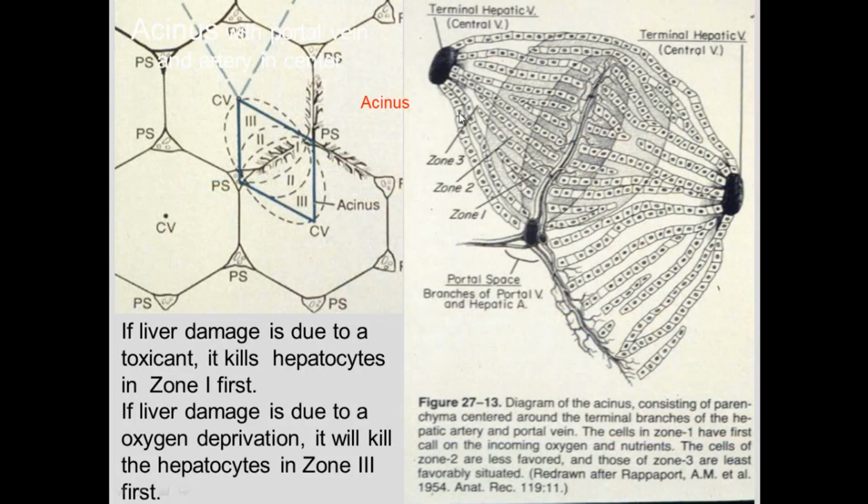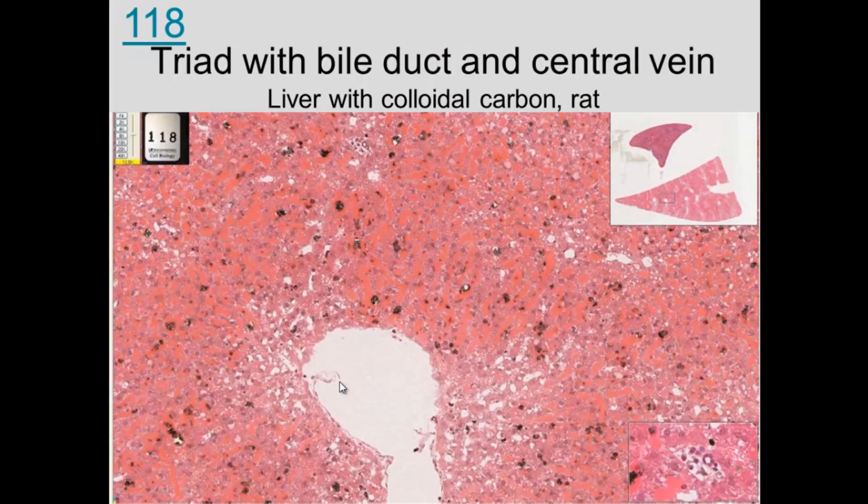So if you have some animals that have died at a feedlot, and you look at the liver, you'll be able to tell which cells are destroyed first. Then it would tell you what kind of toxin you might be dealing with, to help save the other animals in the herd.